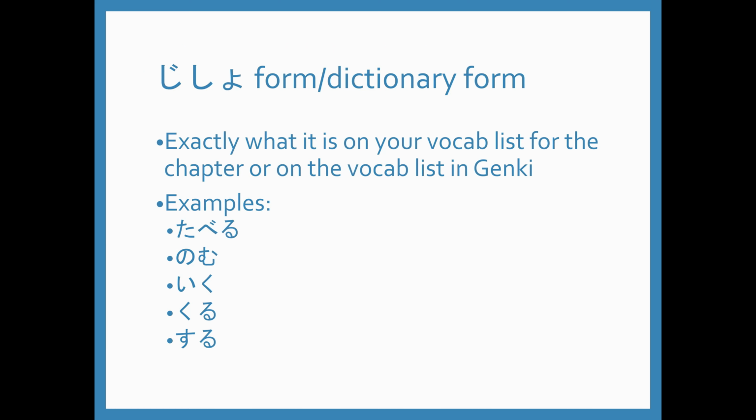This is the most basic form of the verb. It's called the dictionary form because it's the one that you'd find in the dictionary. For example, taberu, nomu, iku, kuru, suru. These ones that end in u are the most basic form of the verb. This is the jisho form.